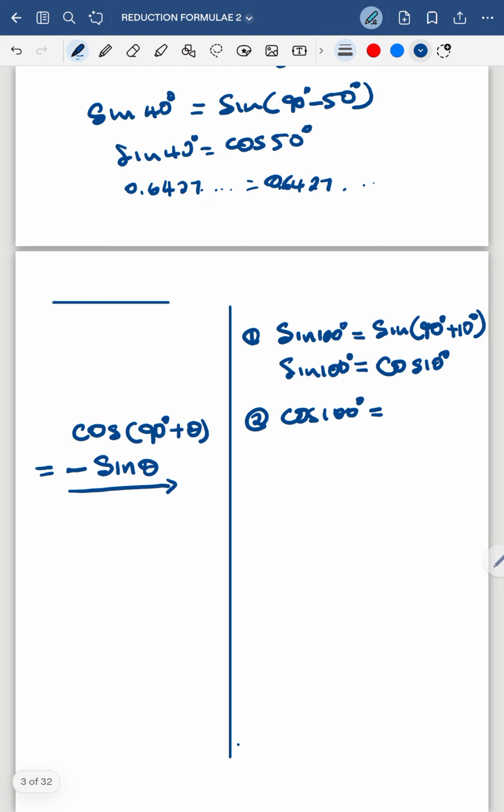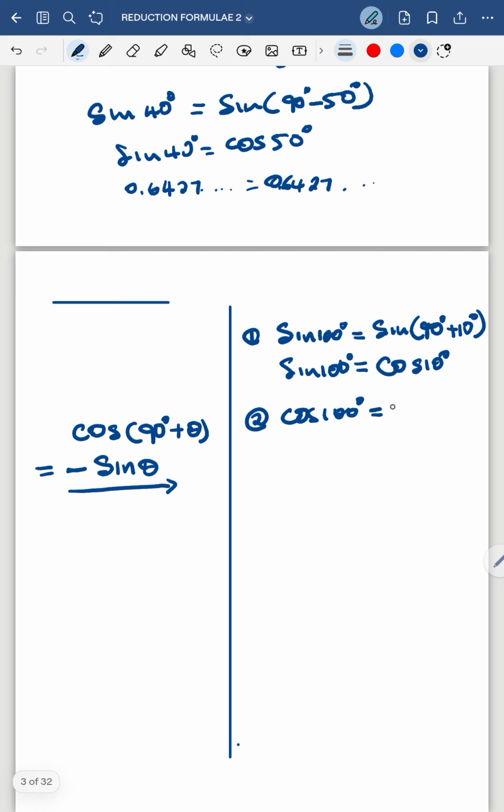So let me just check here if we can get the same number. Sine 100 and cosine 10. Yes, guys, we're going to get the same number.